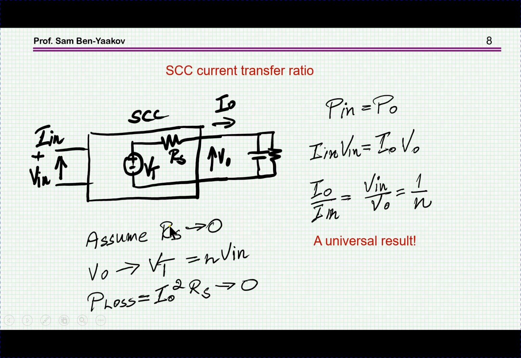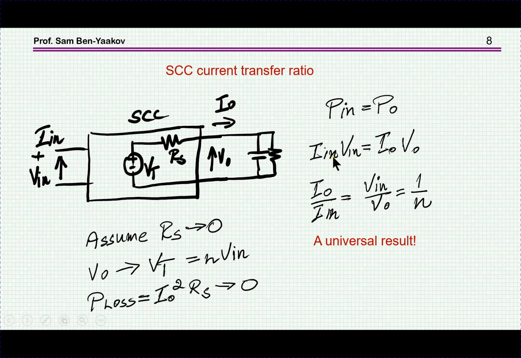Just for the sake of explanation, and I'm doing the explanation in a very simple and intuitive way, not to go into too many equations here, let's assume that RS is very small. So the output here will be actually VT, the target voltage, so to speak, the N times V in. Now the losses are going to be small, so therefore the output power is equal to the input power, no internal losses.